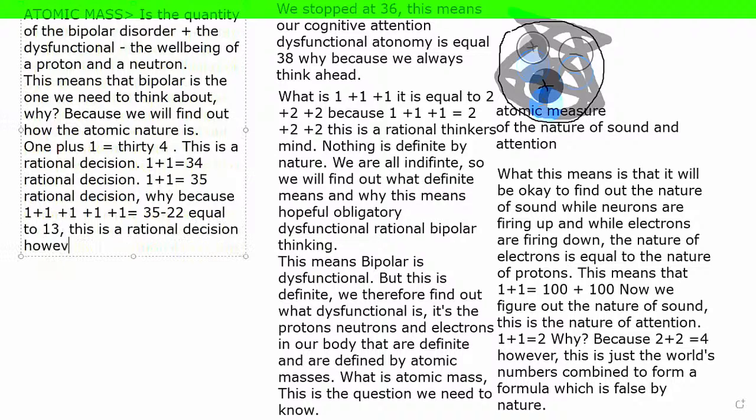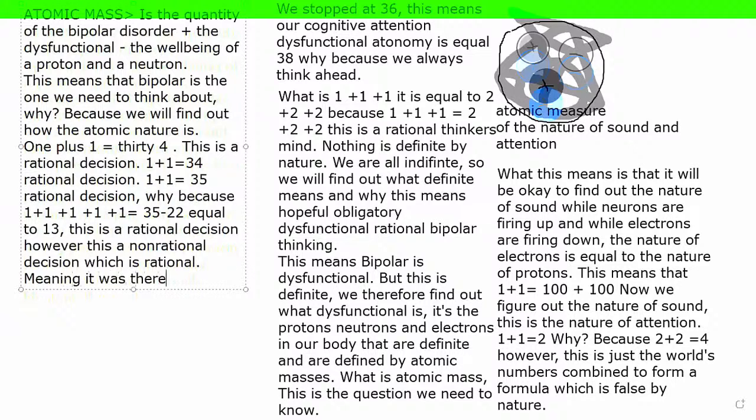However, this is a non-rational decision which is rational. Yes, we thought of it in our minds and we got it as a non-rational decision which was rational, meaning it was there before time and space.